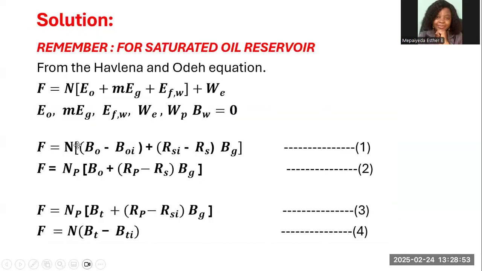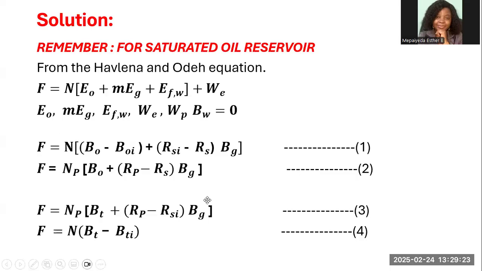Okay, so you have your equation one, your F equals this, and your F on the right hand side equals this, and your F on the left hand side equals this. So here, RP is not equal to RS, and it's not equal to RSI. So you have a changing RP, you have your RSI, and a changing RS with pressure.